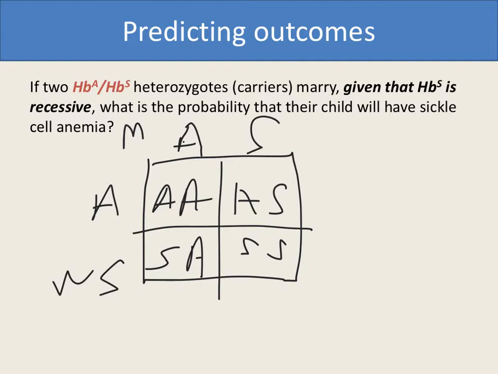There's a 50% chance that they'll be resistant to malaria and will be carriers. In other words, they can donate that to future offspring. And then there's a 25% chance that you'll have 2 normal hemoglobin individuals. You'll have 25% chance for a normal hemoglobin individual.